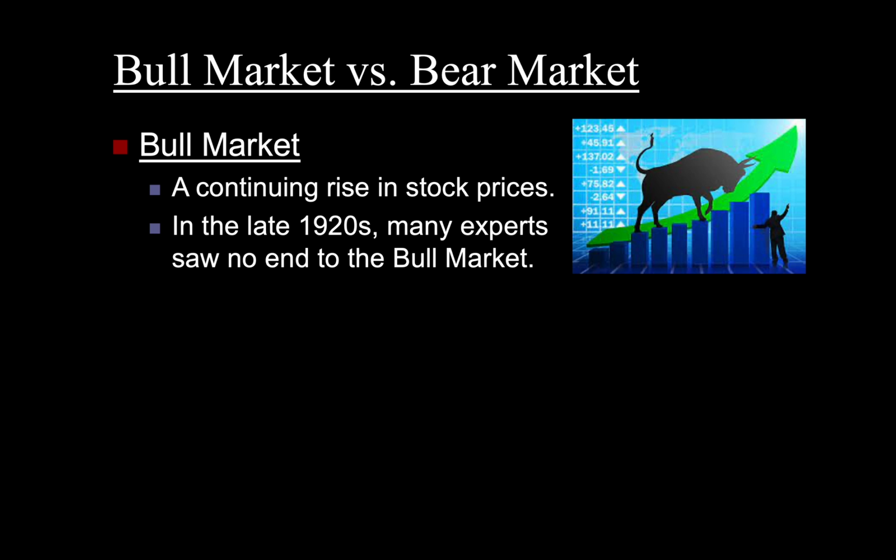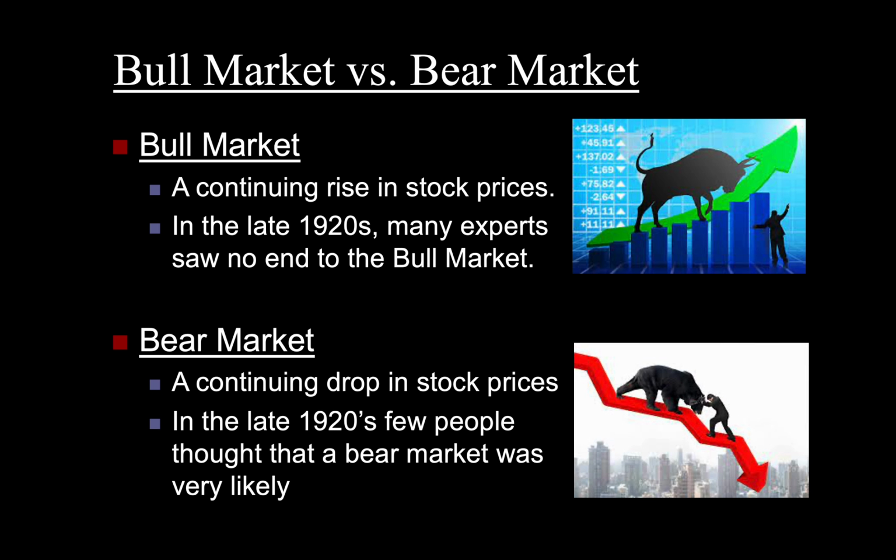During a bull market, the value of companies goes up. People tend to purchase more and more stocks, hoping to make money. And in the late 1920s, many experts viewed the American stock market and the bull market that was occurring as something that would continue into the 1930s.